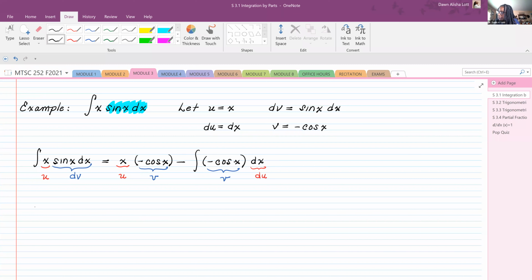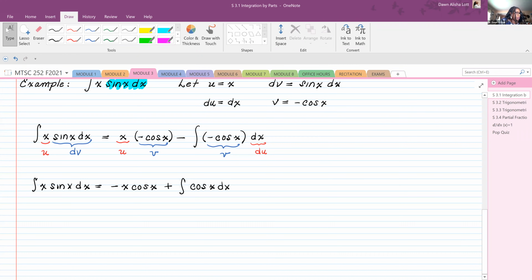So now the next line is to simplify. I get the integral of x sine x dx is negative x cosine x, minus minus gives me a plus, the integral of cosine x dx. What's the integral of cosine x? Negative sine x? No, it's just sine x. But good guess. So now the integral of x sine x dx is negative x cosine x plus sine x.